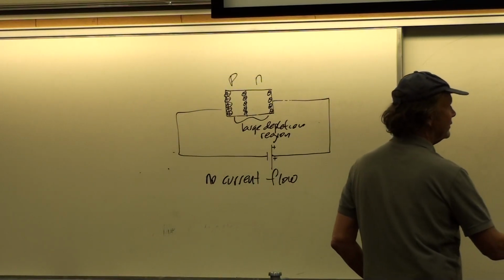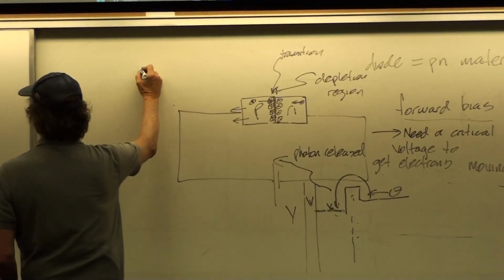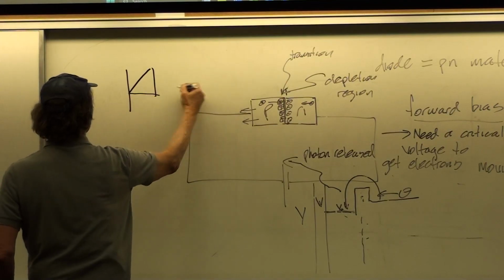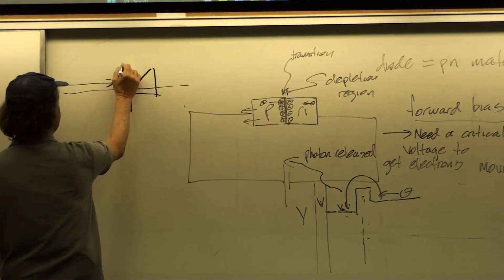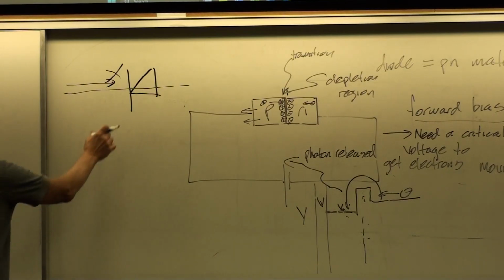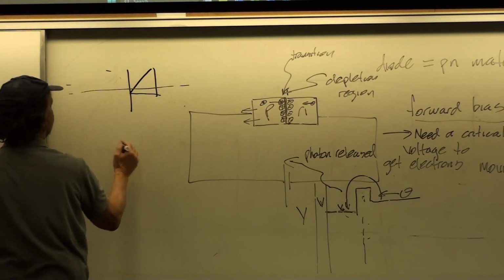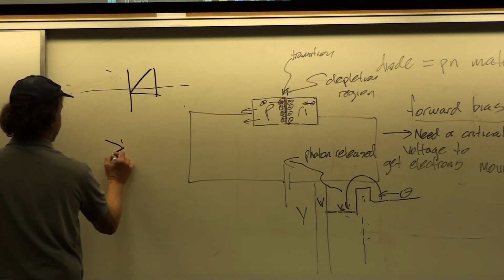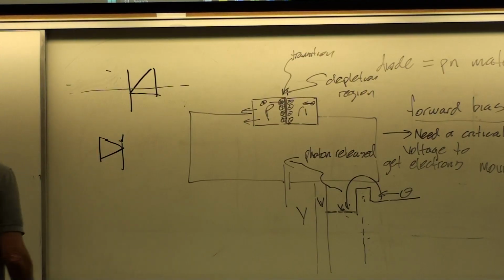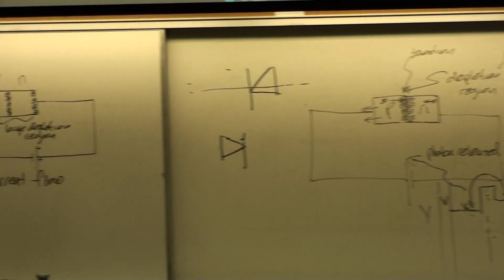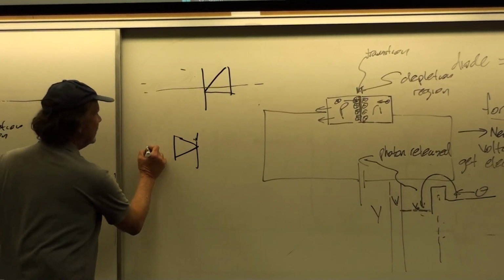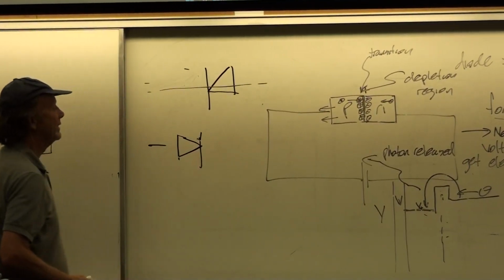And so oftentimes then we would write it like this. So that current can go this way, but can't go that way in the reverse direction. Or this way, depending on which way the current is flowing. In this case, the current would be going this way, and it couldn't go back in the opposite direction. So that would be what would be represented by what I have here. So this allows for the current to go this way, but not back that way.